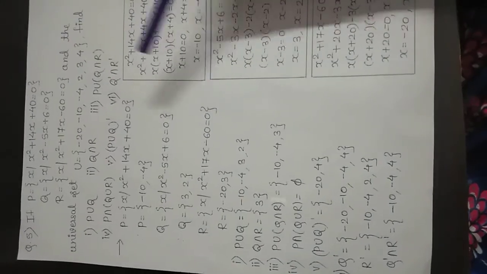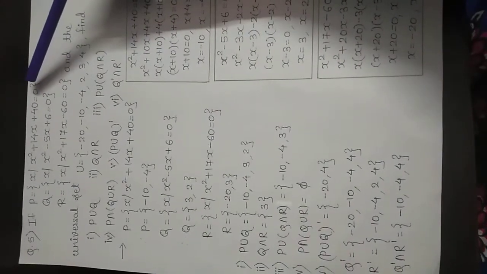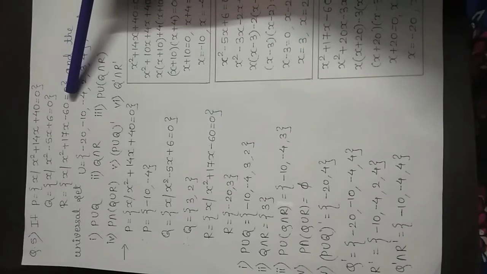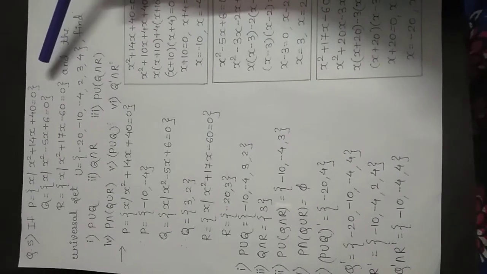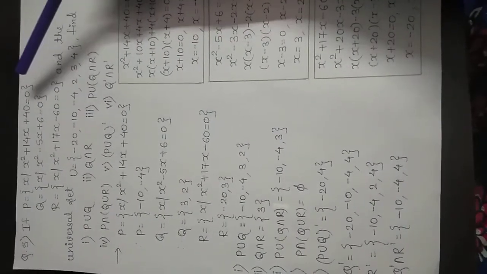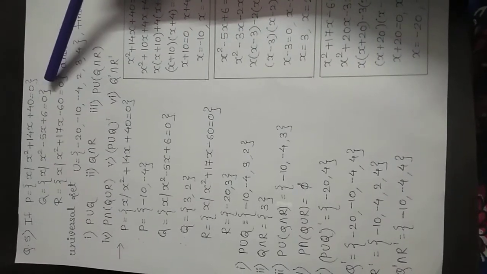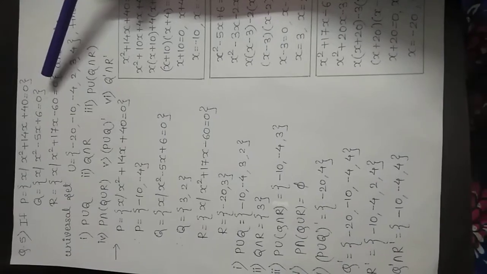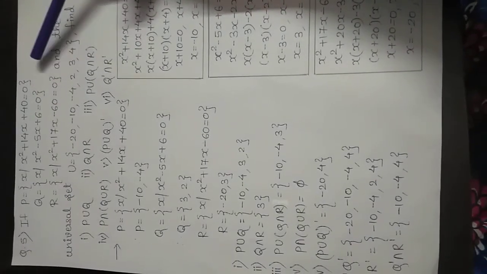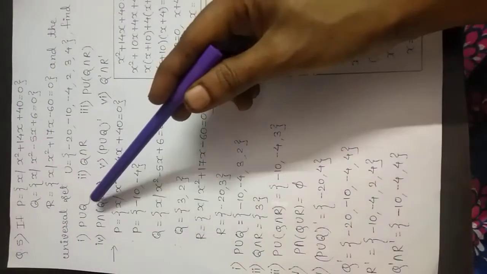Now first you try to write all these sets P, Q, R in listing form so that we can find the roots of the given equation, and from those roots, that means from the elements of the corresponding set, we can easily find the answer for all these questions.